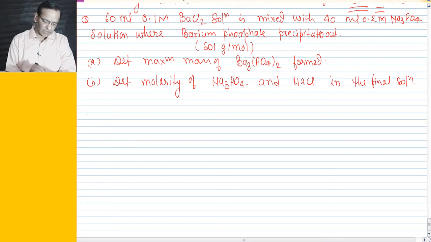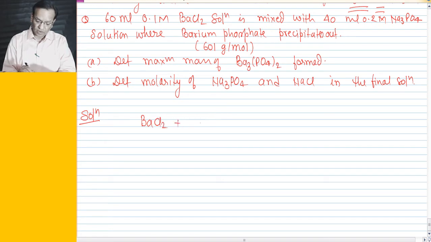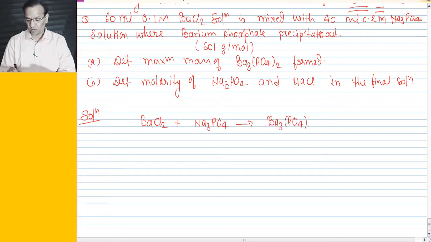So let us first write the balanced chemical equation. Barium chloride will react with sodium phosphate Na3PO4 to give Ba3(PO4)2 plus NaCl.